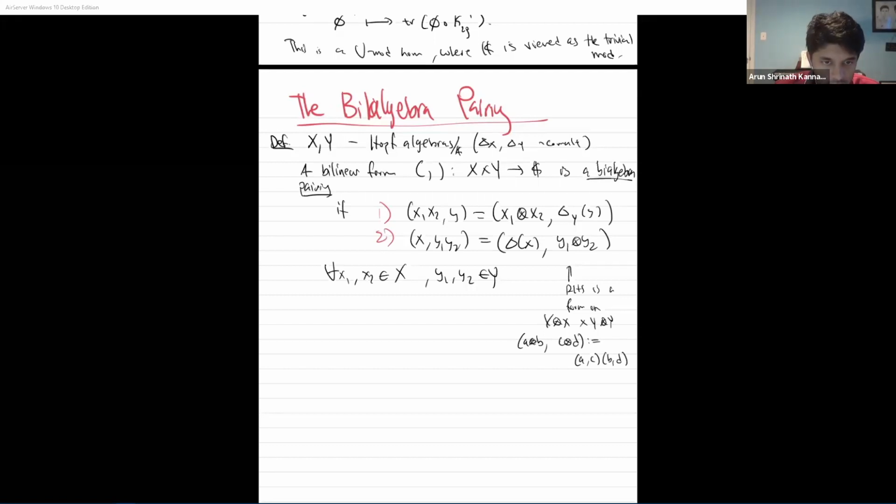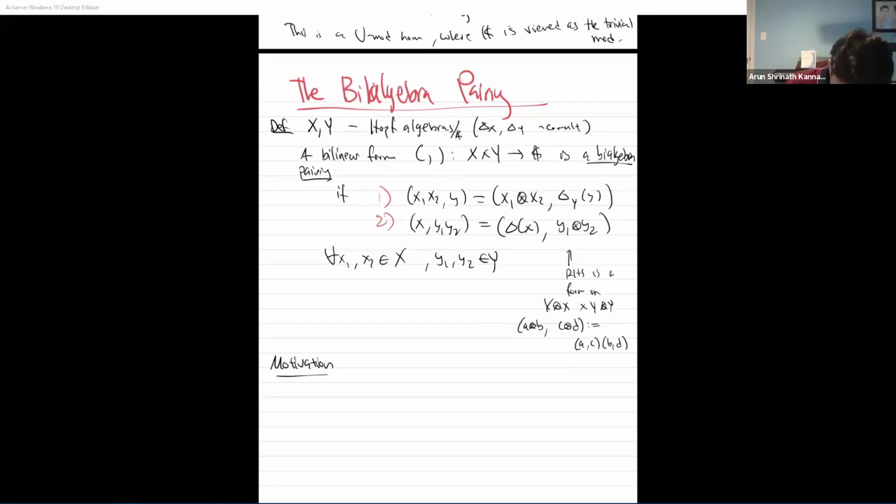Okay, so I mean, it seems kind of weird, this definition, but it's actually pretty natural. So let's motivate this. A dual is naturally an algebra, and its multiplication is just defined as the following composition.